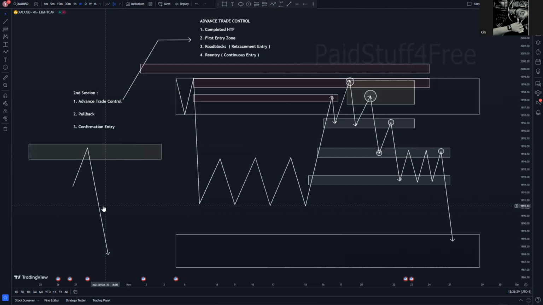We don't need to worry about that because we are going to focus on the current market price, and at the current market price we look for the confirmation entry. Get it? We need to focus on the current market price by looking for the confirmation entry.